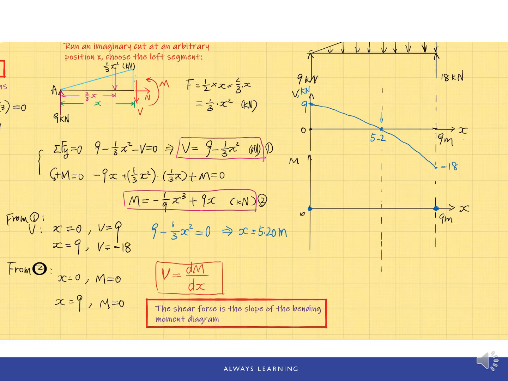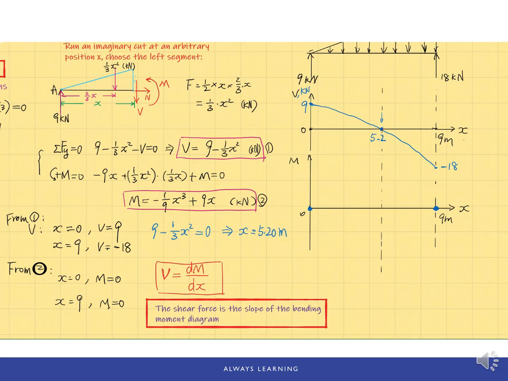So that is one reason why we want to see the zero shear. Where is the zero shear? We said at x equal to 5.2, the shear is 0. So when the slope is 0, the corresponding M value is either the maximum or the minimum, right? Recall from your algebra class, when the slope is 0, the function is either at its maximum or the minimum.